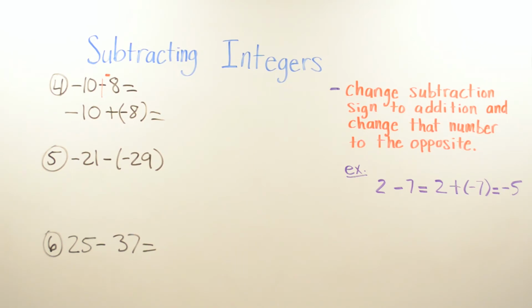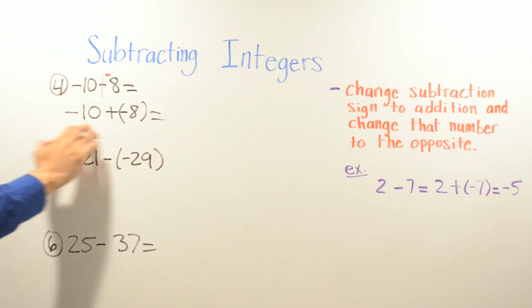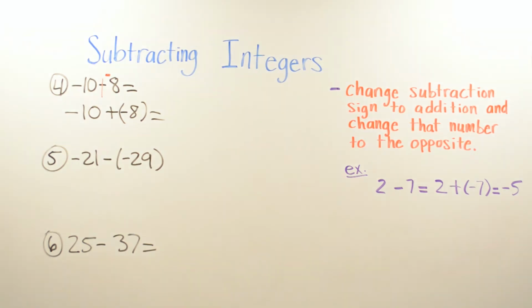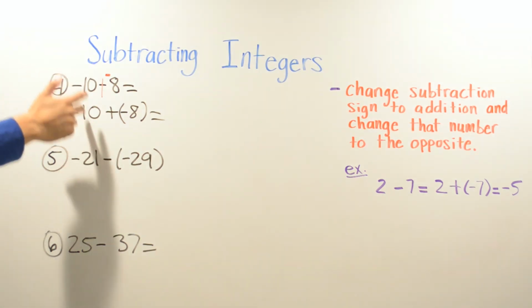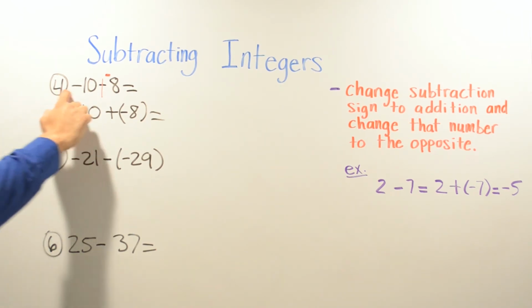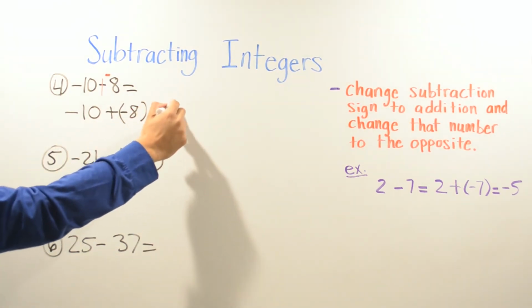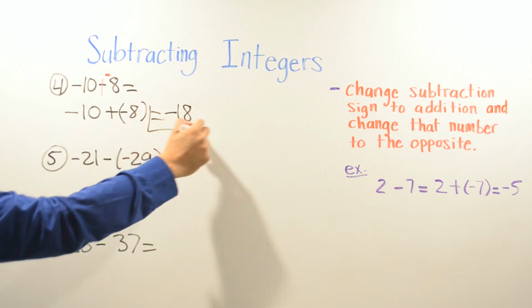You can go ahead and solve it from here if you want to. The only reason I'm doing this extra step is so you guys won't get confused and know where I'm getting the negative 10, the positive, and negative 8. But if you can do it there, you can just do it. It's the same thing. So negative 10 plus negative 8 is going to be negative 18.